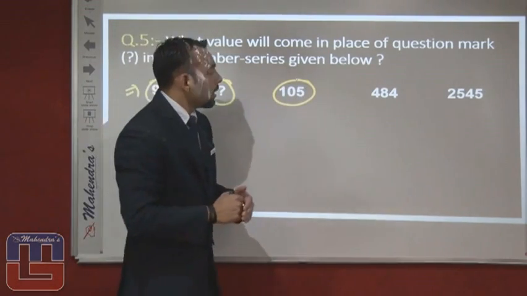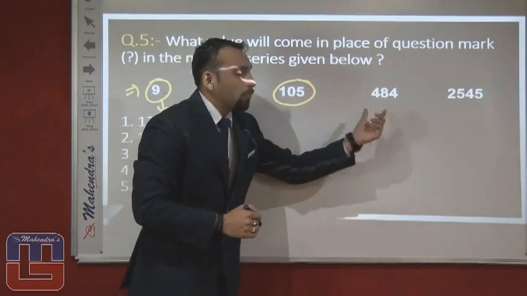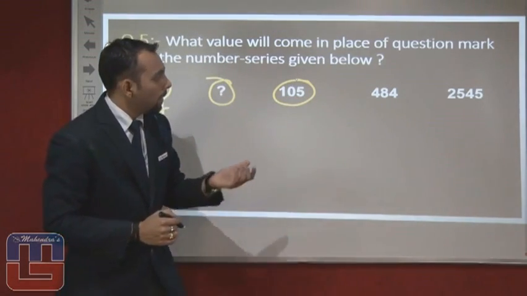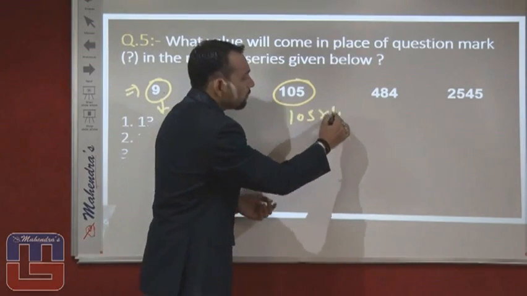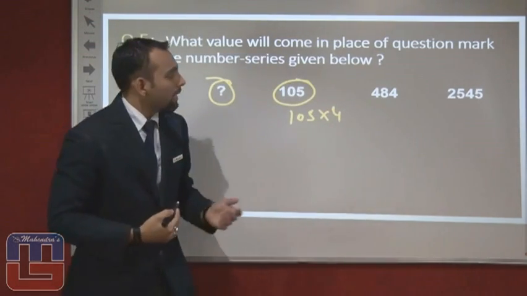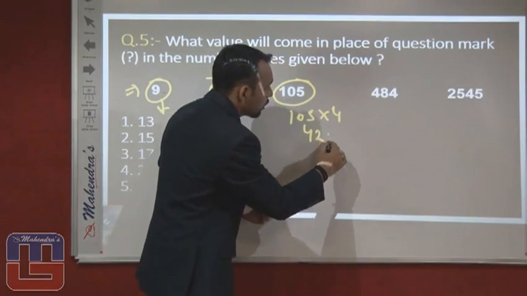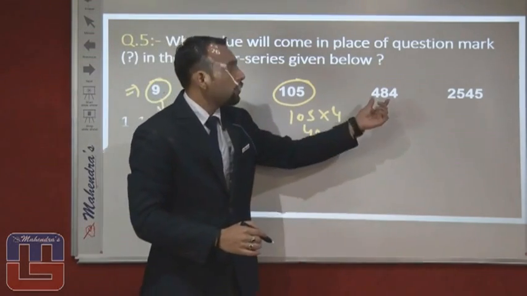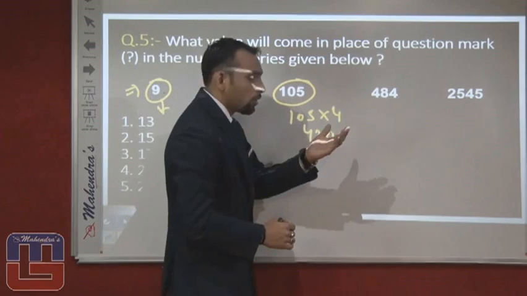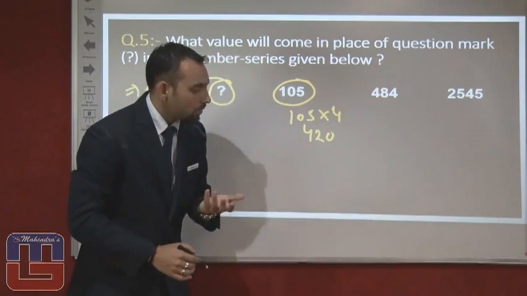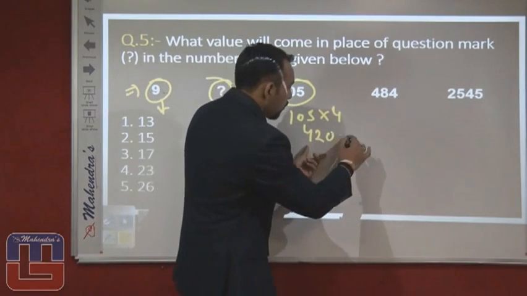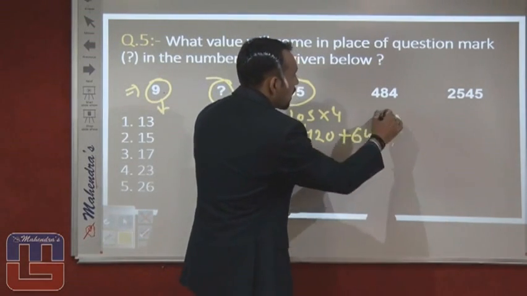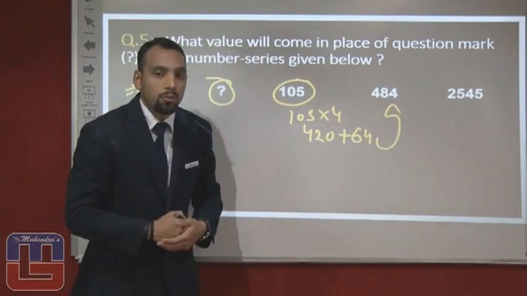For example, this is 105 and this is 484. If you multiply this 105 by 4, you will get 420, but there is 484, in which we can say that if you multiply this by 4, you will get 420, and if we add 64, then we will get 484.